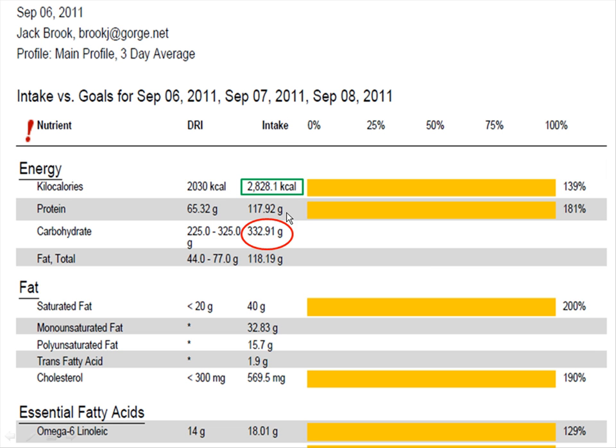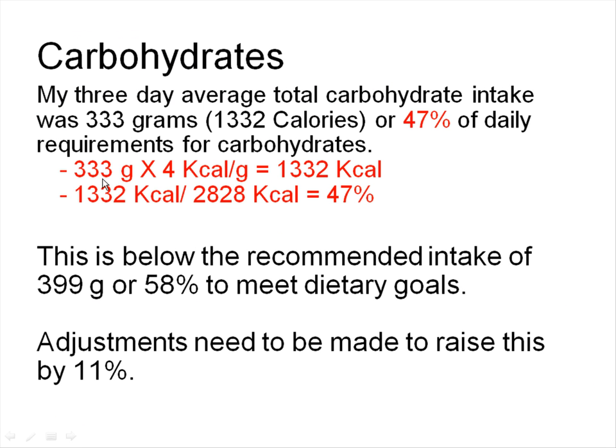Under the intake column, under carbohydrates, my intake was approximately 333 grams. They took the 333 grams times 4 calories per gram, which is 1,332 calories from carbohydrates, and divided it by my total calories, and we got 47%.